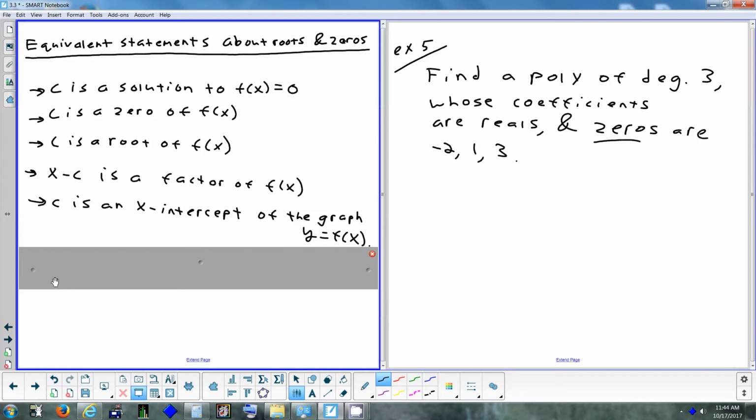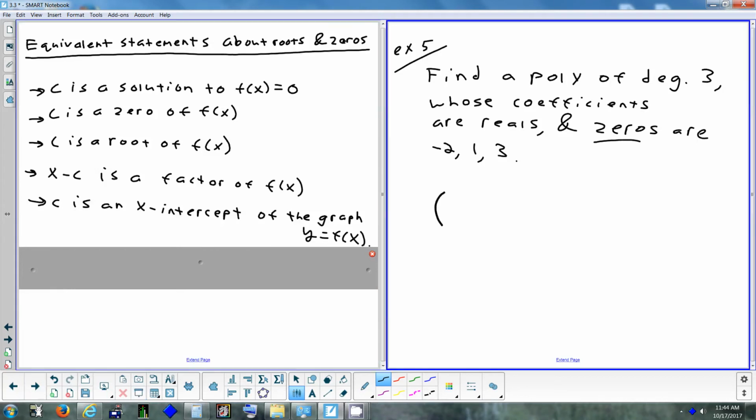But it means one more thing. If negative 2 is a 0, what else does that mean? So negative 2 is a 0, it means it's a root, it means it's an x-intercept. But there's one more way you can say something equivalent, and that's what's going to help us.